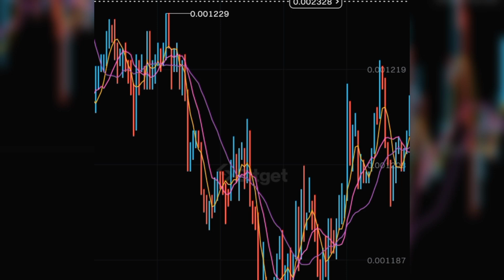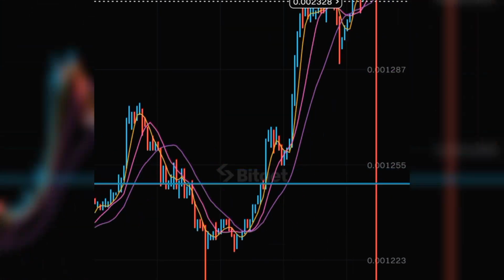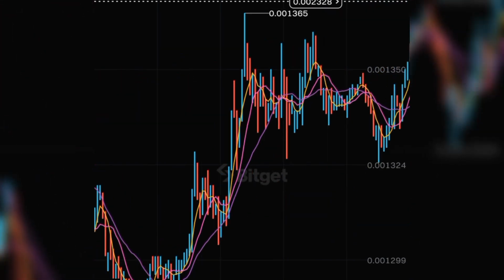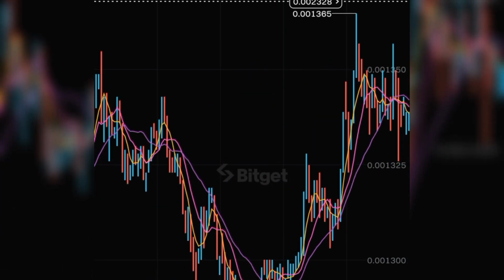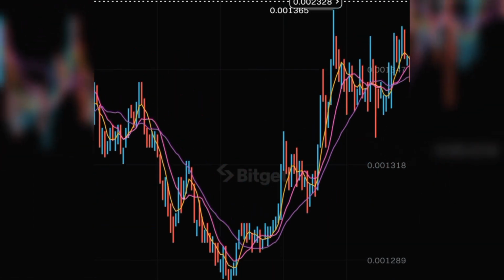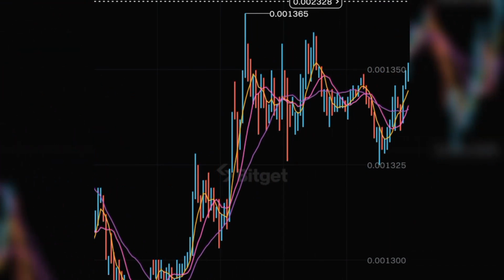So let me show you the kind of sideways trend that will show you that this particular market is about to change patterns, okay? So these are the kind of sideways trend that shows that it's time for the market to change pattern. Right now you can see that this has been on a small uptrend.